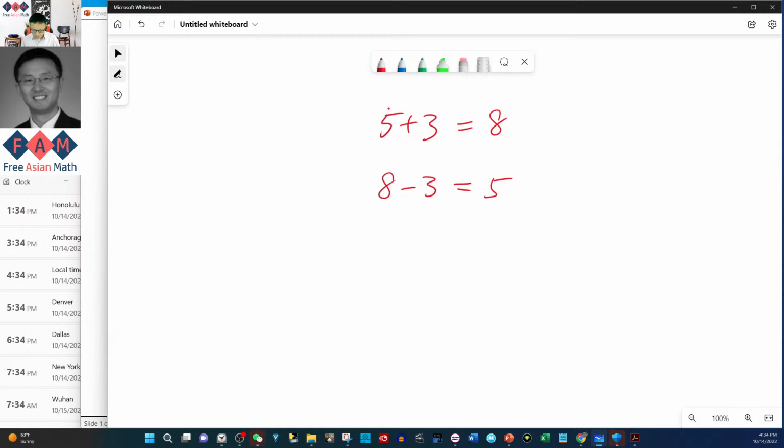But for now, today's focus is to help you understand what subtraction truly is and how we properly define it.